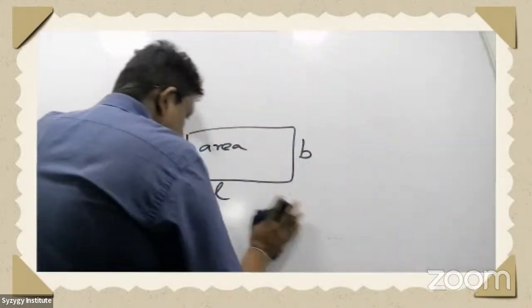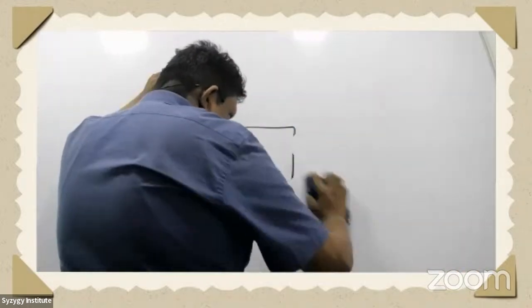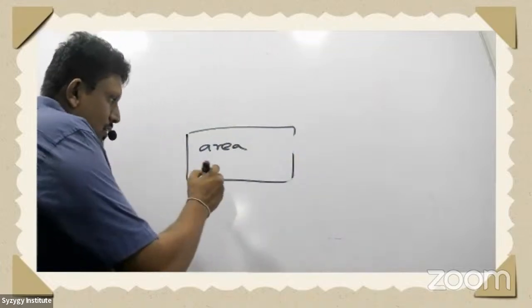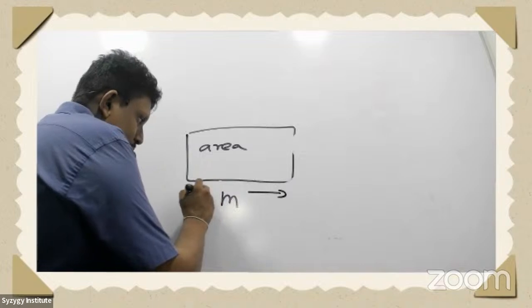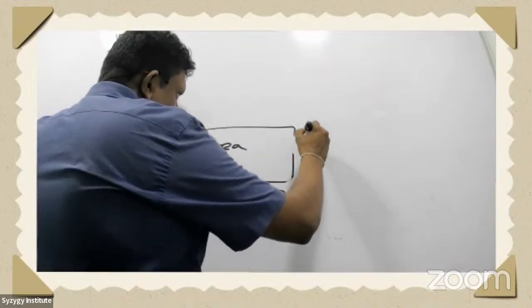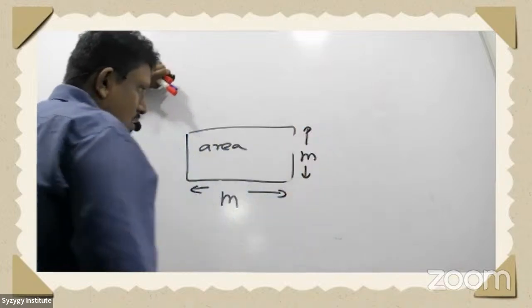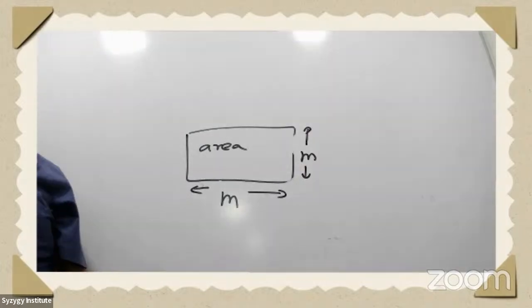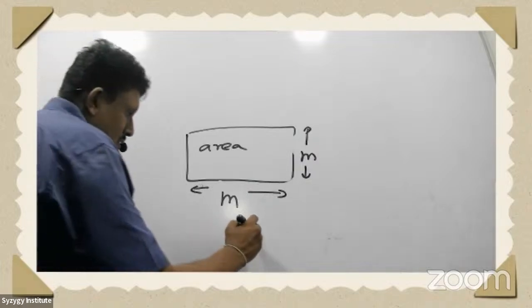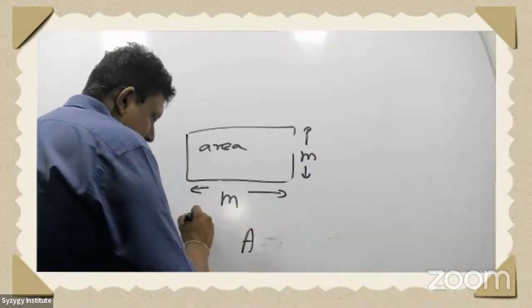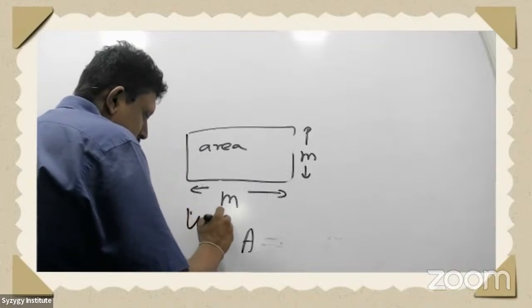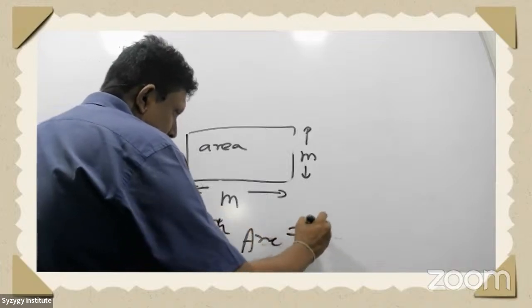If we want to measure area, we can measure one side using meters and the other side also using meters. Then what is the unit of area? You can write m squared.